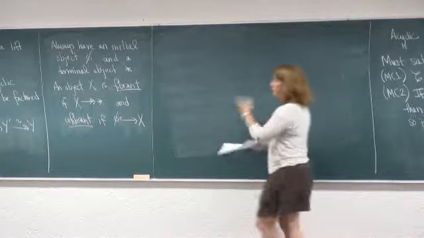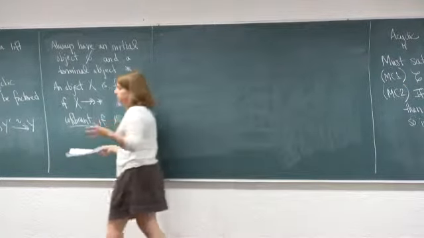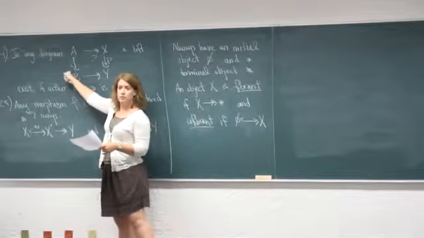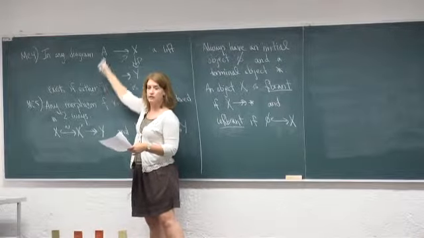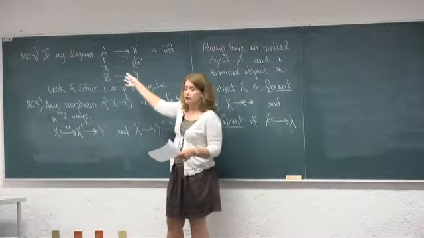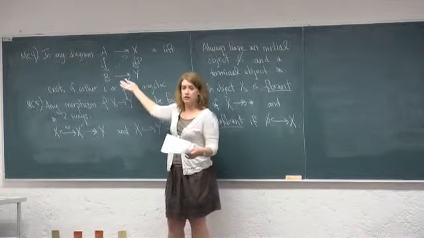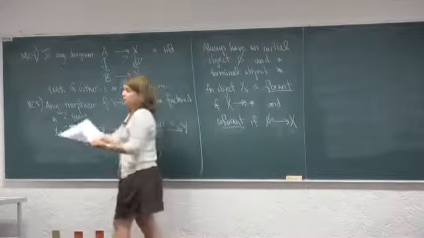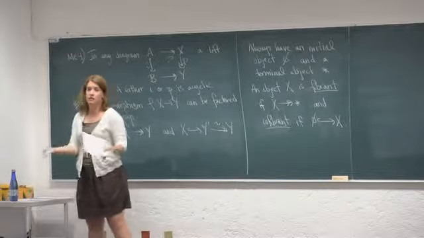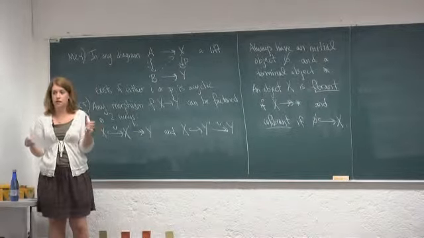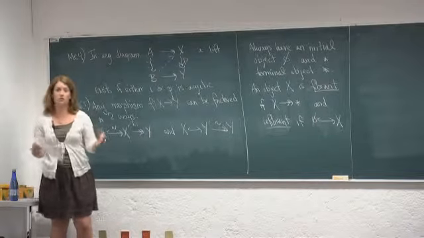You pick what the fibrations are going to be, you pick what the weak equivalences are going to be, and essentially your cofibrations are forced to be the things that have the lifting property that you need them to have. Now, that doesn't guarantee you're going to get a model structure. It's not like you pick two and there's going to be something that works. But if there's something that works, it's going to be determined. Once you've picked two of the classes, there's no choice after that. There's either something that works or it doesn't.